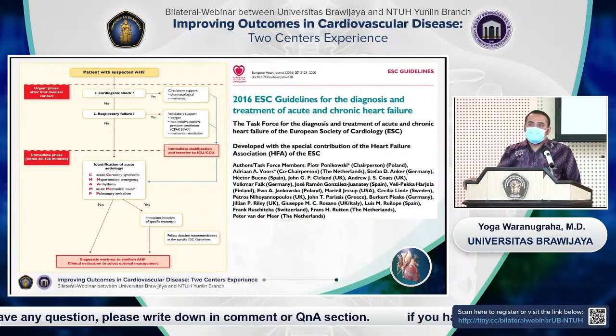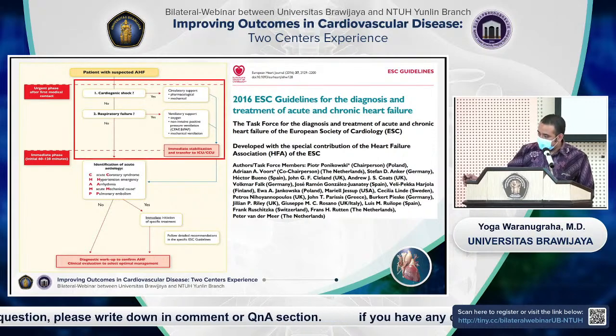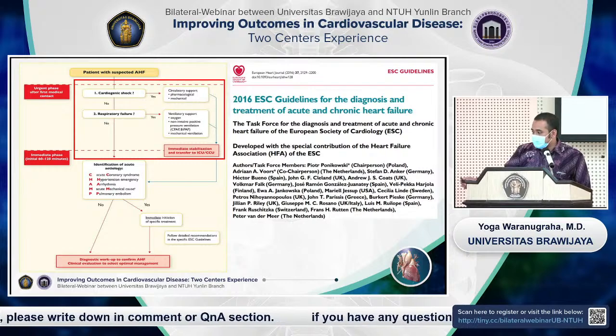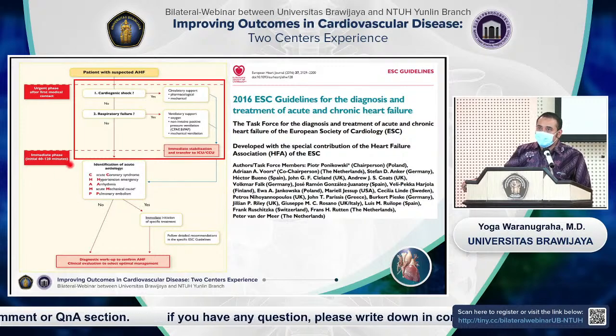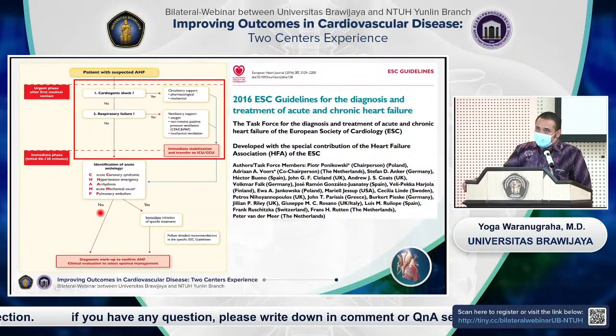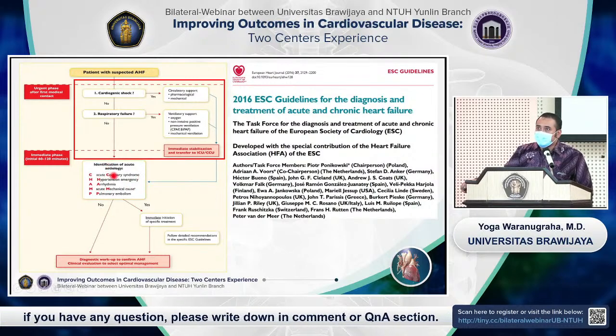The current guideline from the ESC recommends that in the first 2 hours we have to stabilize the patient, and then look for the possible acute precipitants of heart failure such as acute coronary syndrome, hypertensive emergency, arrhythmia, acute mechanical complication, or pulmonary embolism.